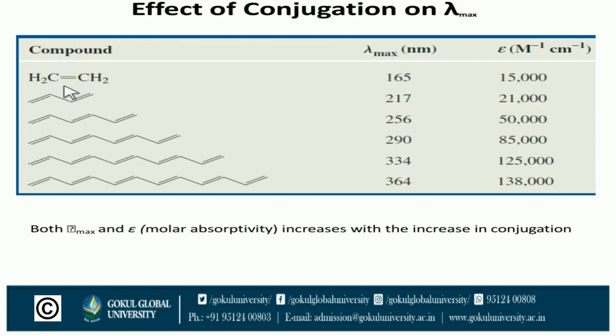The first is CH2=CH2, with lambda max of 165 nanometers and epsilon of 15,000. Butadiene has 217 and 21,000. With 3 double bonds, lambda max increases to 256 and epsilon also increases to 50,000. With 4 double bonds it is 290, 5 double bonds 334, and 6 double bonds 364.